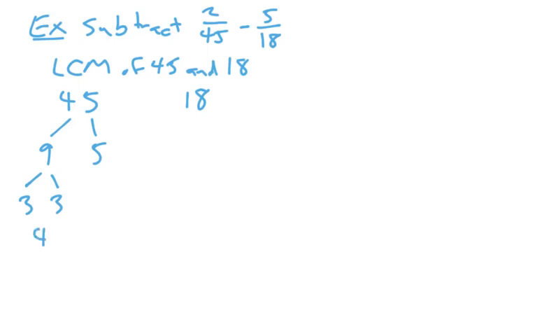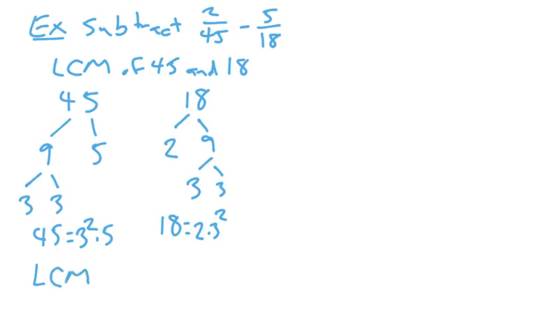So 45 is 3 squared times 5. 18 factors as 2 times 9. And the 9 factors as 3 times 3. So 18 is 2 times 3 squared.